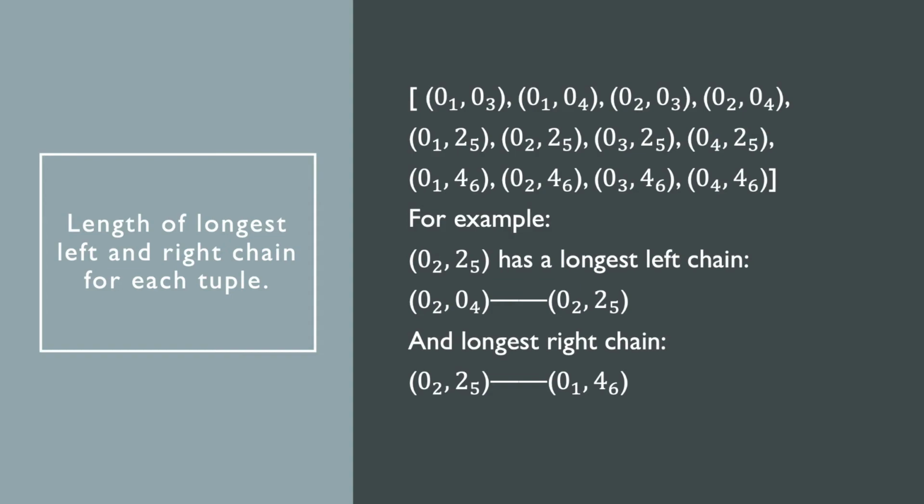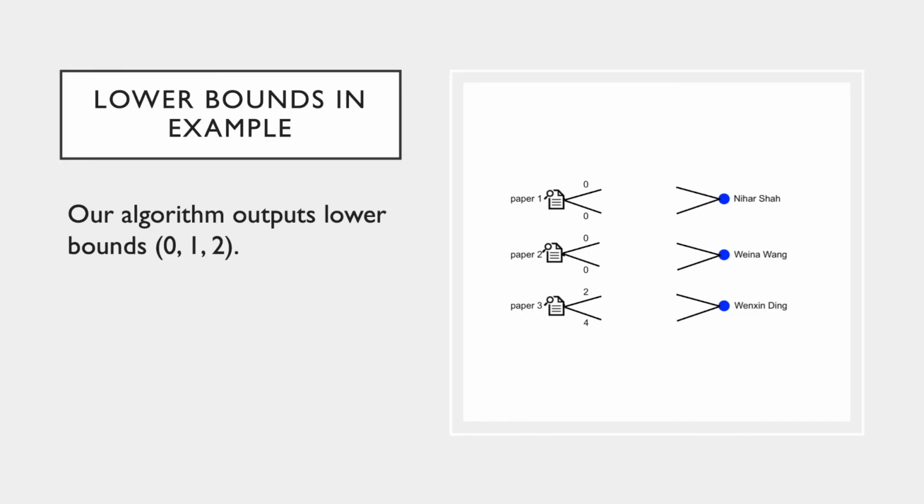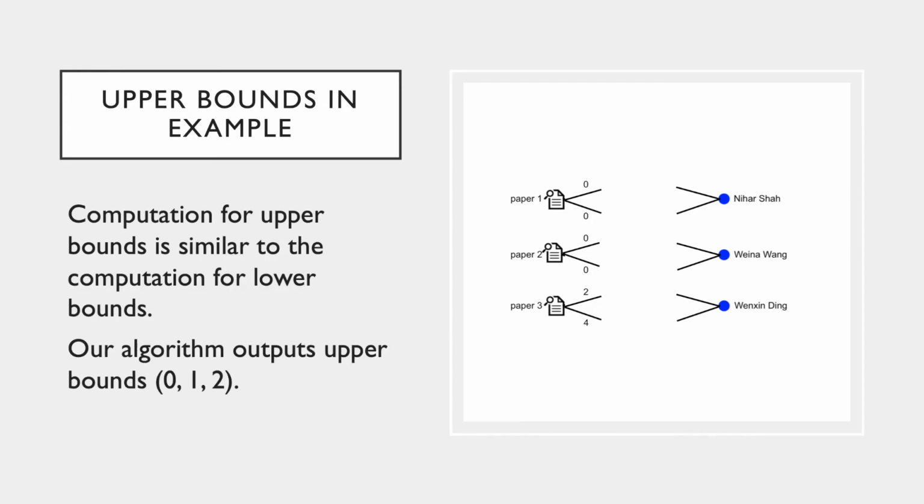We define the length of the longest left and right chain for each tuple. Then we use 2 criteria to decide if the mean of a tuple could be the lower bound of the ith entry in the true vector. So our algorithm will output lower bounds 0, 1, 2 for the example on the right.